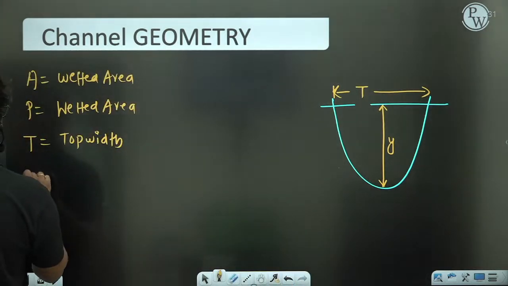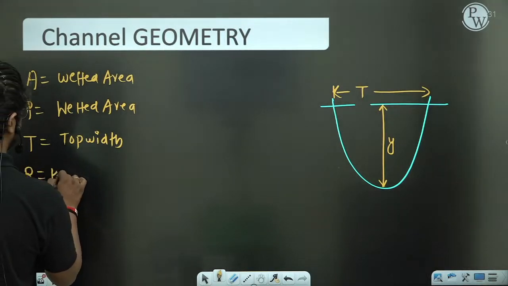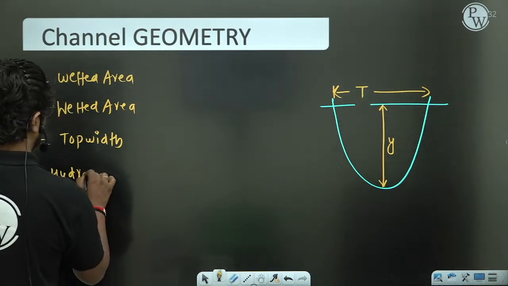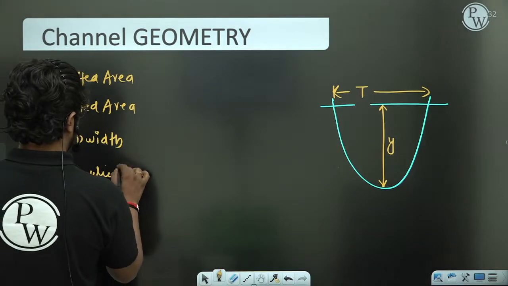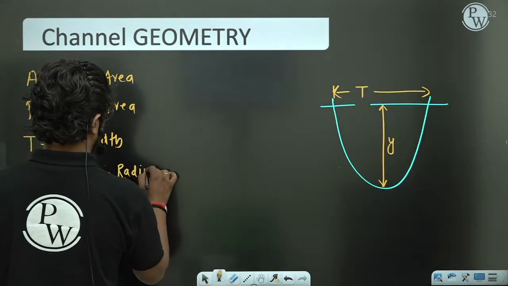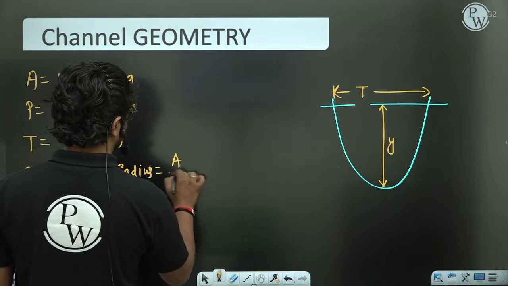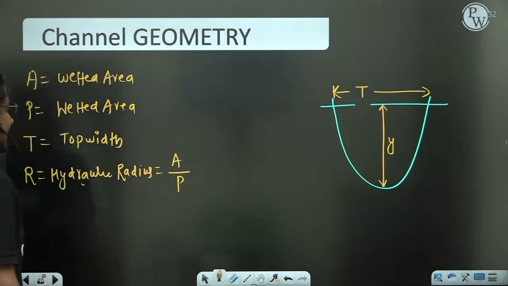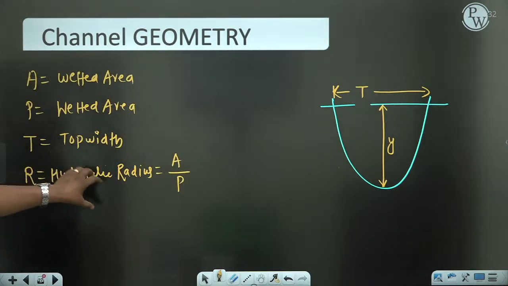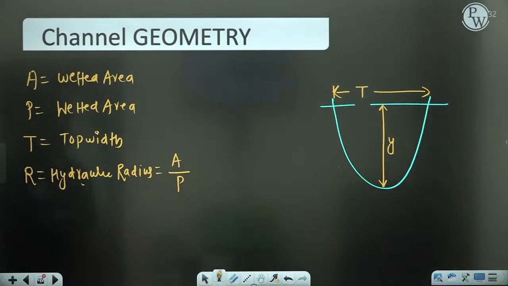Next thing, R, hydraulic radius. We call it A by P. So R is hydraulic radius, that is area by perimeter.